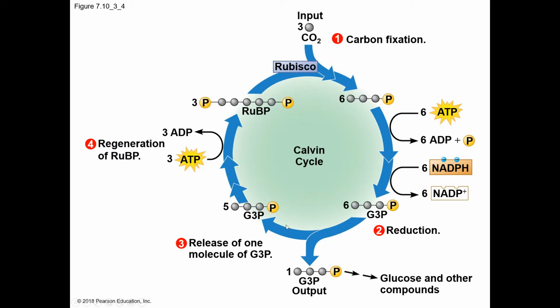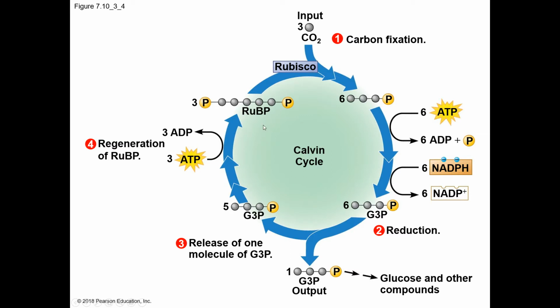So the reason why when we take in one CO2, we only release one G3P is because even though we made 6 G3P, we need 5 of them just to regenerate the RuBP that we used in this process.